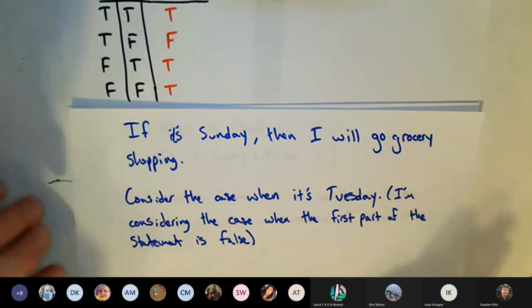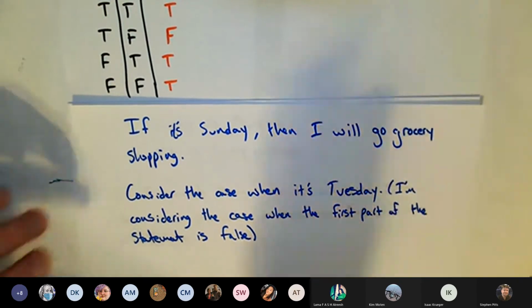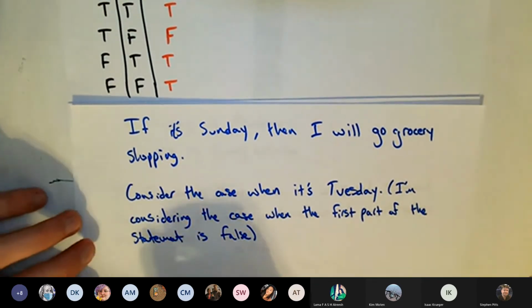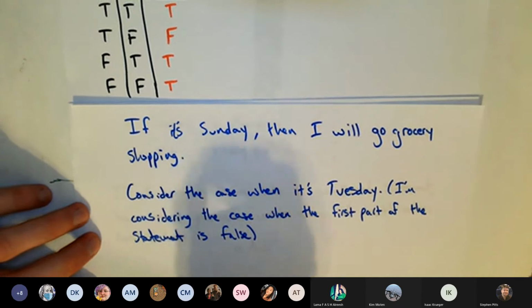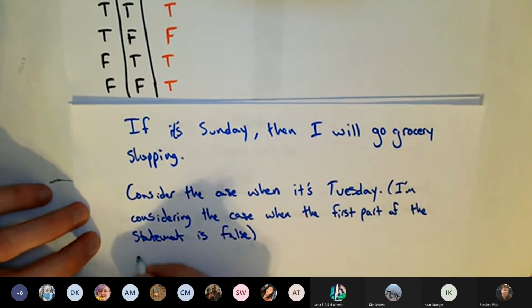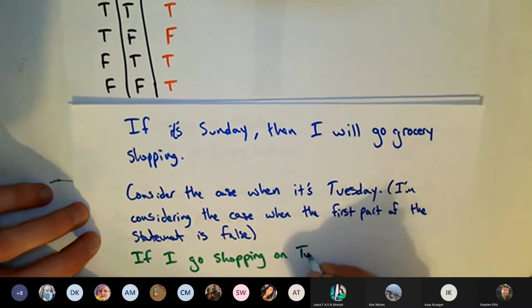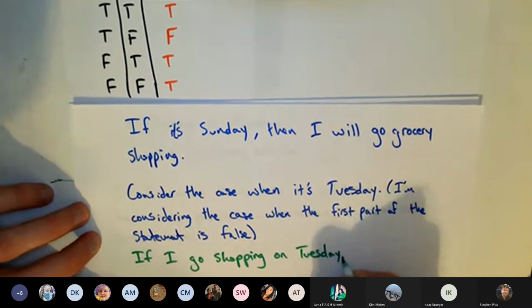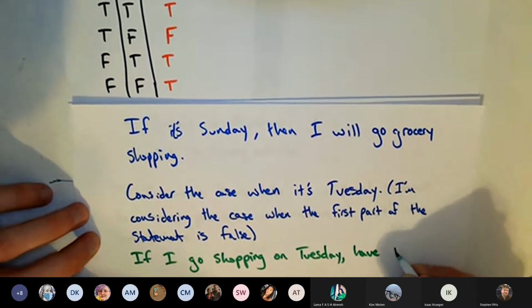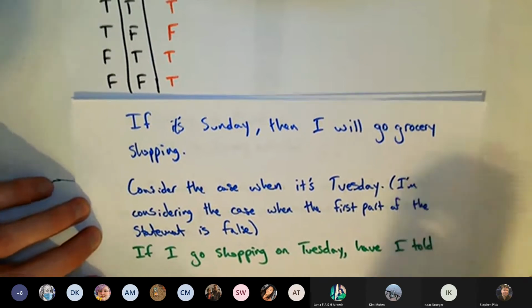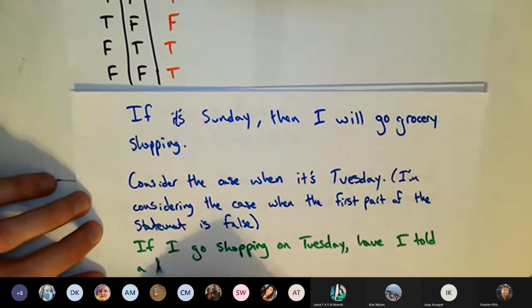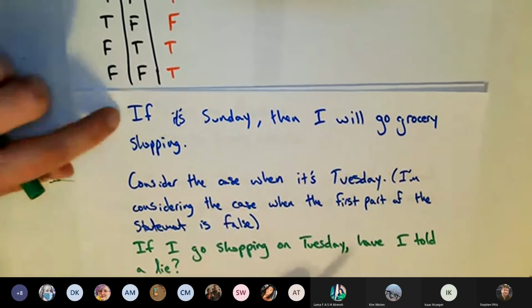That's why I'm trying to go slow. Consider the case when it's Tuesday. If I go shopping on Tuesday, have I told a lie if I say this statement out loud?